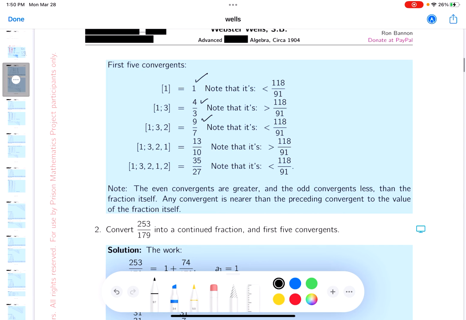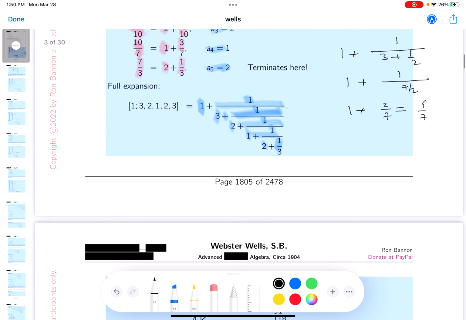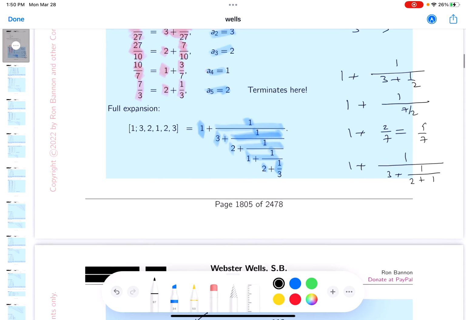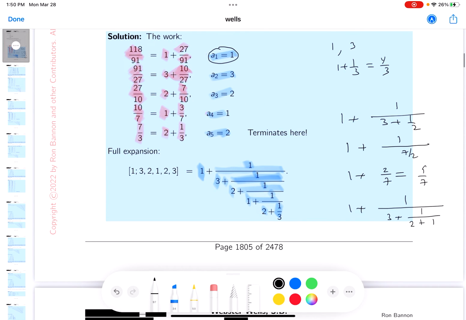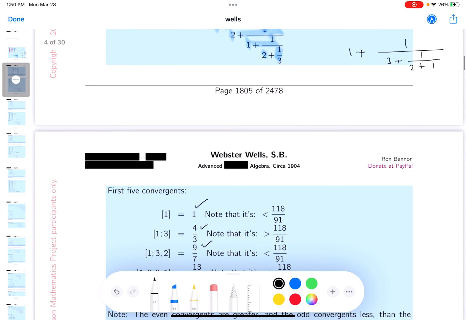All right, keep going through it. Let's do the next one. 1 plus 1 over 3 plus 1 over 2 plus, well, it's going to be 1 over, what was that again? Can't really remember what that was. Let's see, we did the 3, we did the 2. Oh, just 1. I got that over there. And let's do the arithmetic on that.